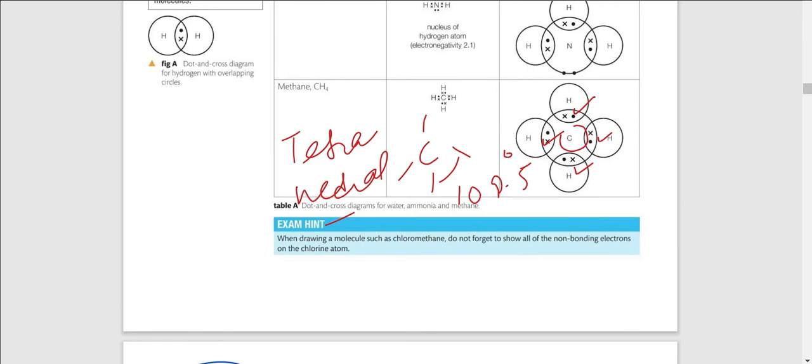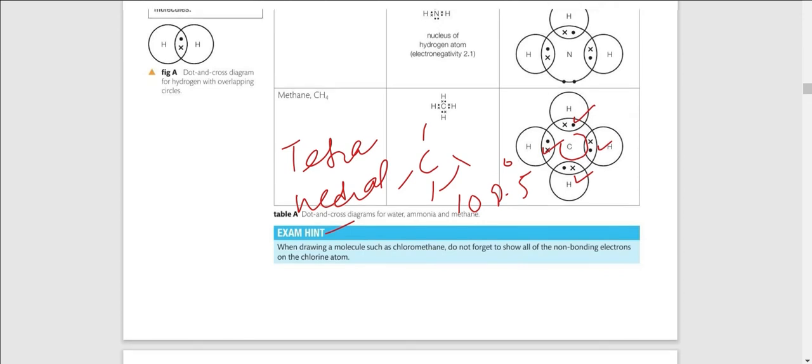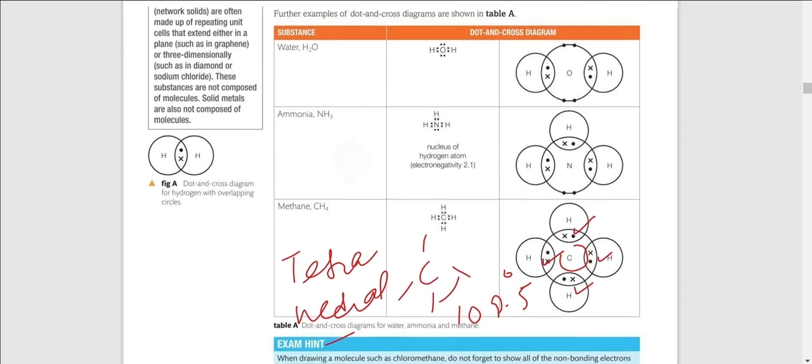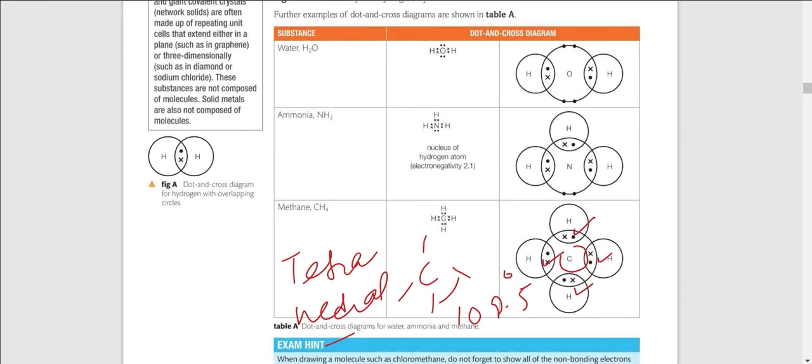be tetrahedral. Okay? Then coming towards ammonia, nitrogen is in the center. Hydrogen, hydrogen and hydrogen. The structure name is pyramidal.